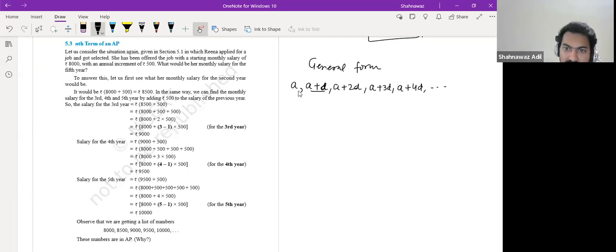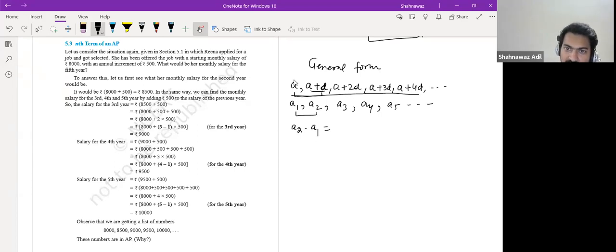If you want to calculate the difference between these two, that would be A2 minus A1. The progression is written term-wise like this: A1, A2, A3, A4, A5, and so on.